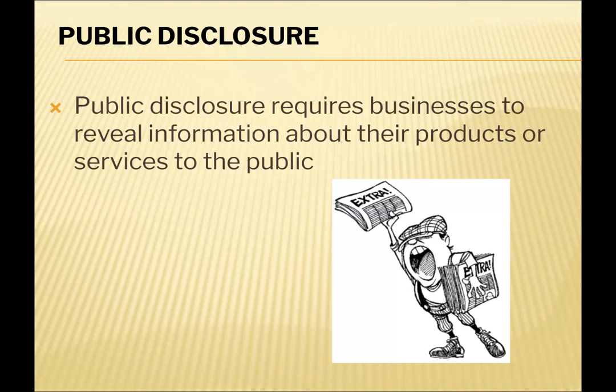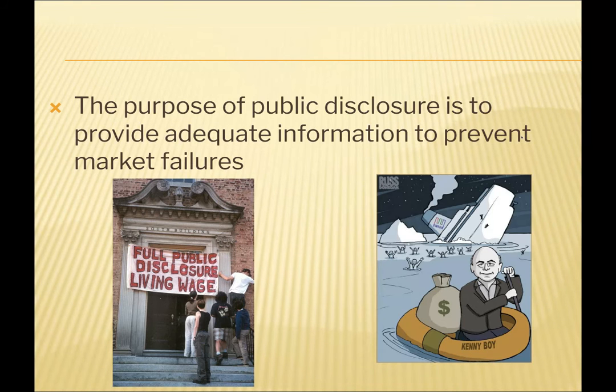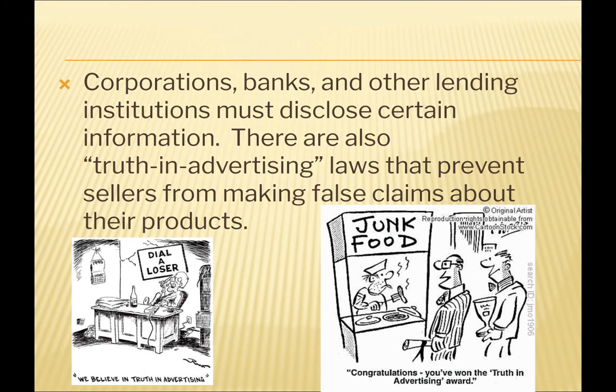So publicly disclosing means that they are going to tell all the info that is in their product or service. That public disclosure is going to be something that's on the test. So, like I said before, it's providing adequate information to prevent market failures.